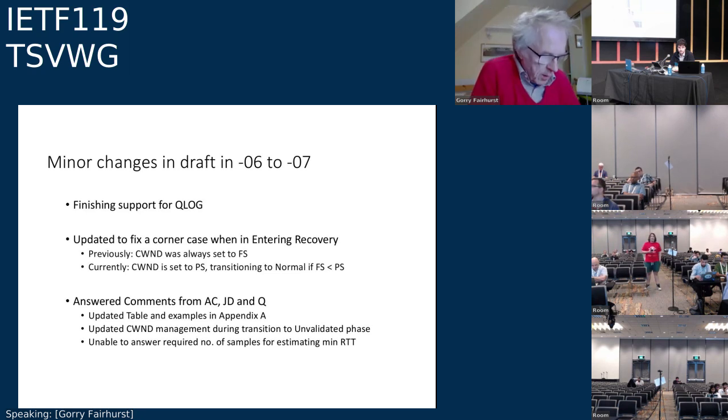It's possible that the cwnd goes to a very small value, which seemed like it was not a desirable outcome. And an extra if statement was added, a conditional, which I think is a good thing. It helps to ensure that the algorithm converges towards a sensible cwnd when your application is very bursty.